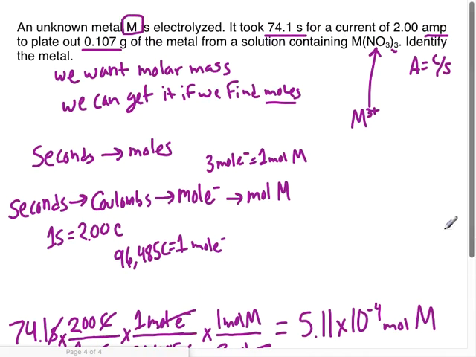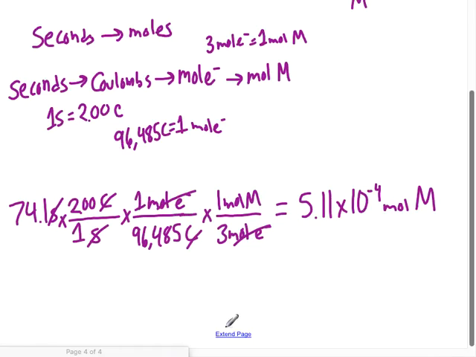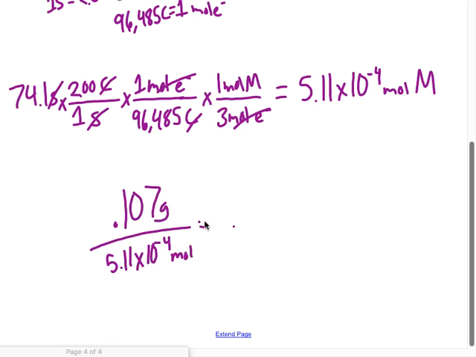So if we know this many grams equals this many moles, we can take the grams divided by the moles to find the molar mass. So 0.107 grams divided by 5.11 times 10 to the -4th moles equals 209 grams per mole. So that's the molar mass of M.